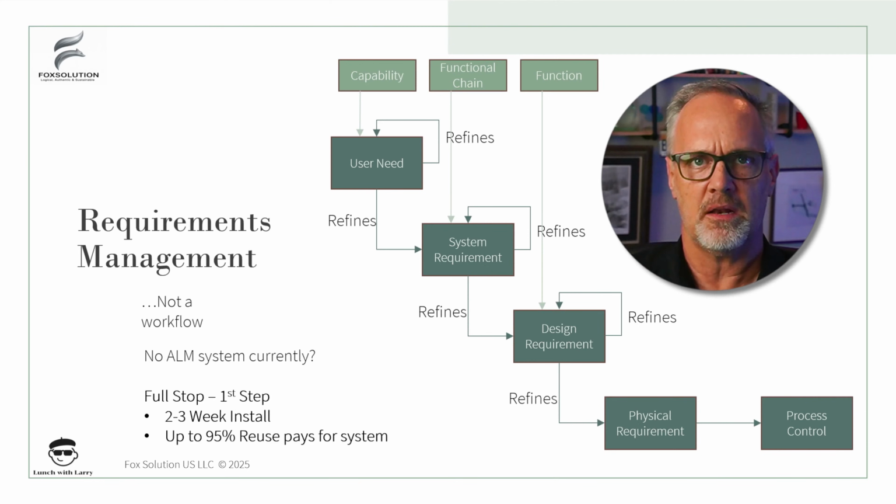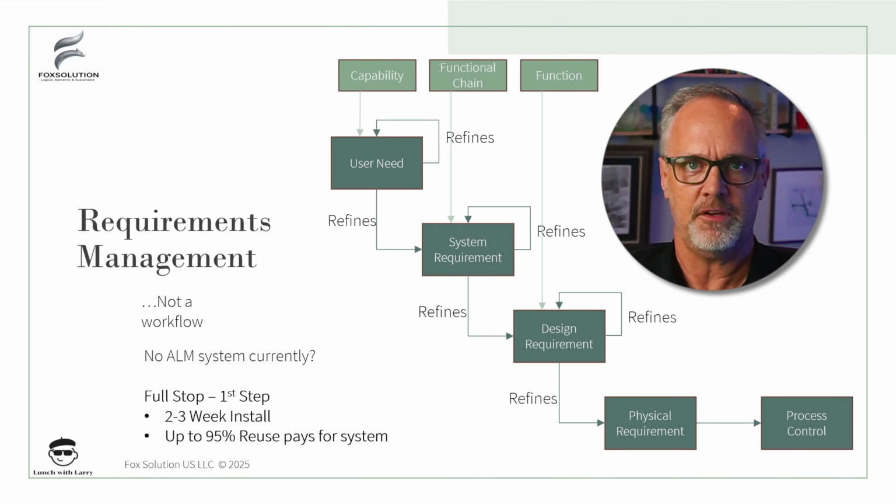The systems modeling data model in a simplistic view is capabilities which are refined by functional chains, which are refined by functions. So functions, by definition, exist in one component of the system, in a person, in a printed circuit board, in a piece of software.